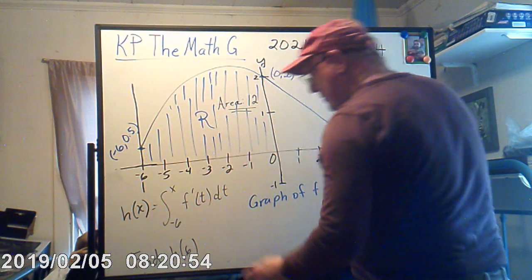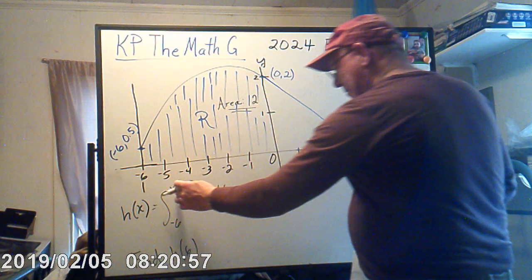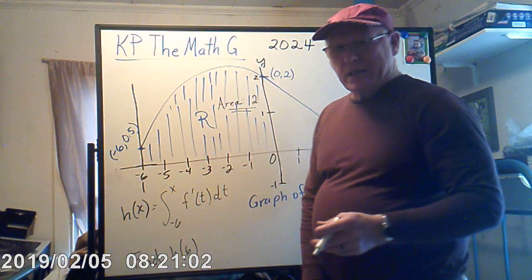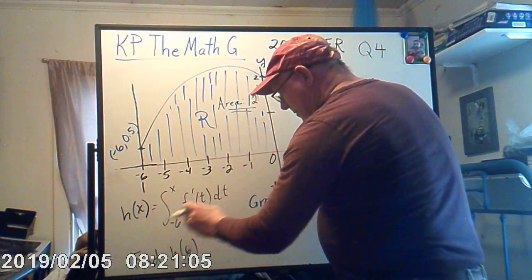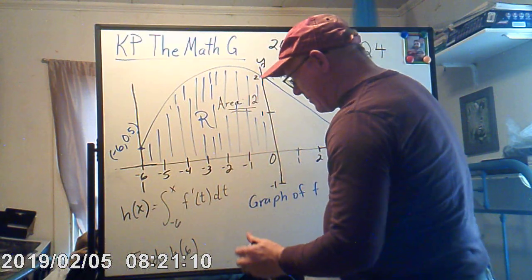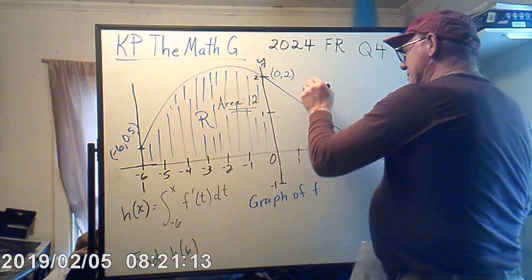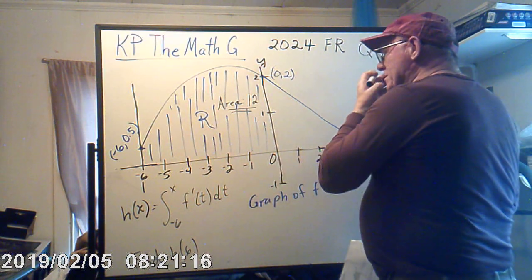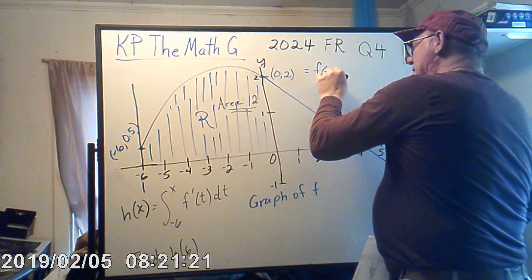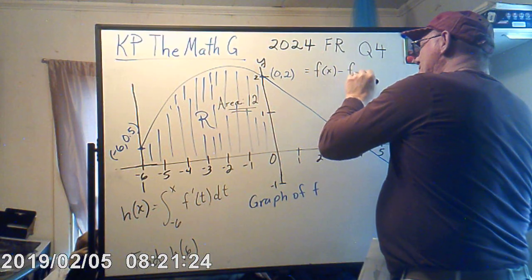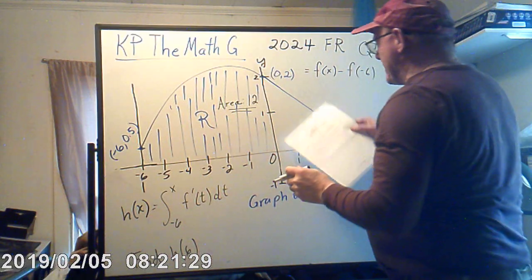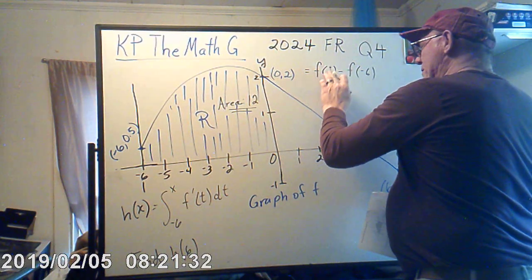So h at 6. All we're dealing with is substituting 6 in place of x. But I want you to know that this is another fundamental theorem of the calculus, that when you take the antiderivative of the derivative, you just simply get this. In this case, it's going to be f at x minus f at whatever, in this case -6. In place of x, we're going to put 6.